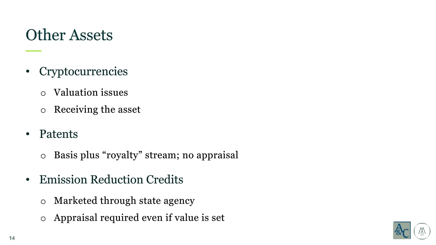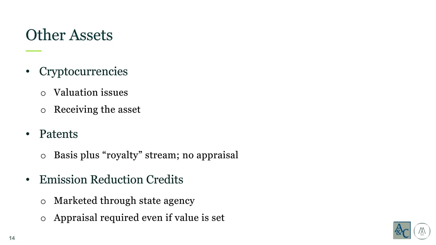But actually, the deduction is based on their cost basis in the patent, which is often zero, and then a stream, sort of a 10-year period where they get deductions based on what the actual income generated by the charity from the patent is. So that's sort of a donor education point of making sure they understand and that their advisors understand how that deduction will be calculated, and that they might not receive any deduction at all if the charity can't make any money off the patent.